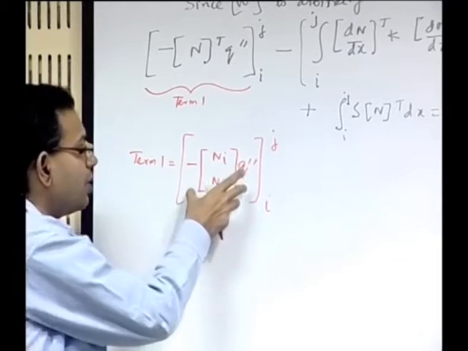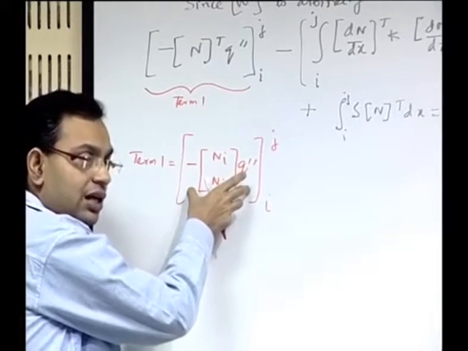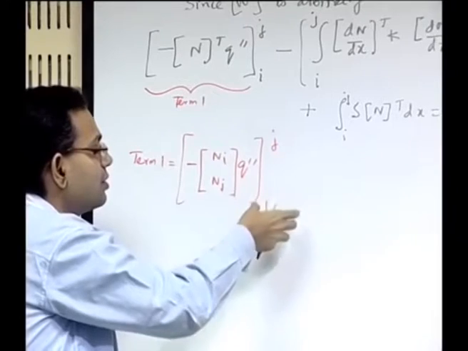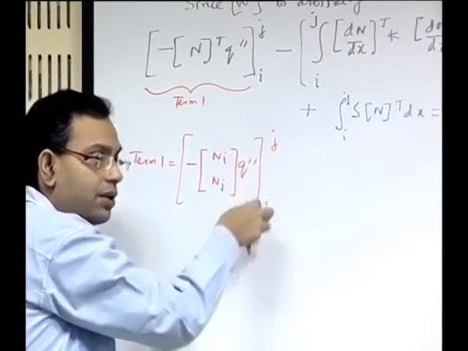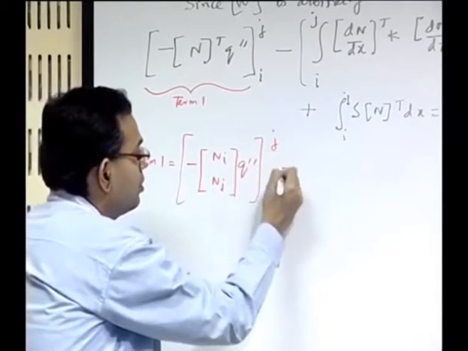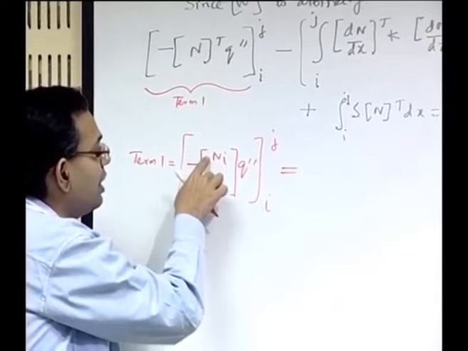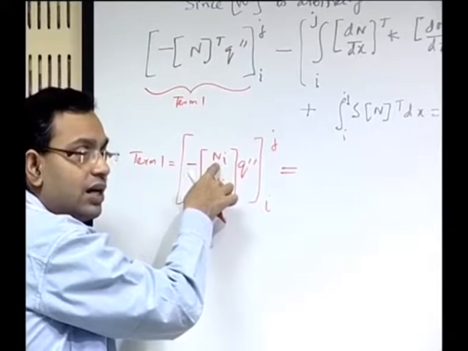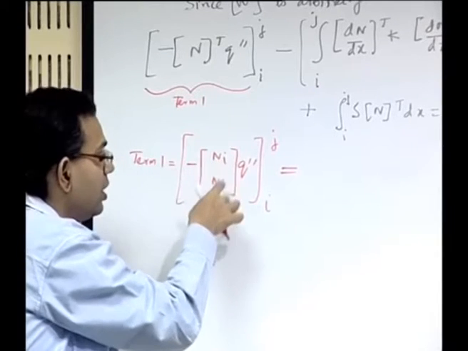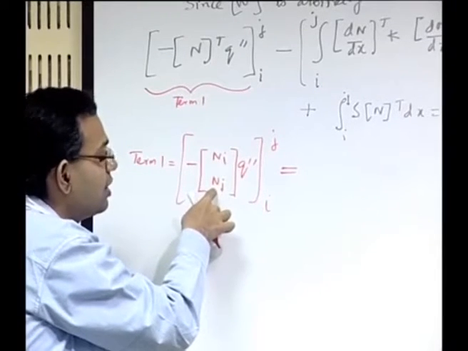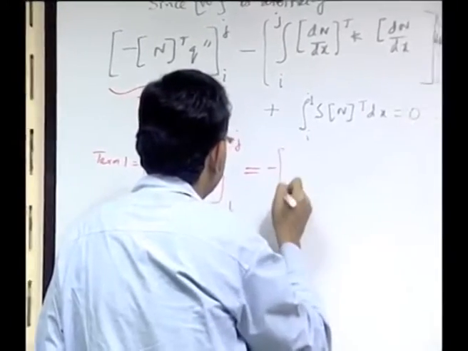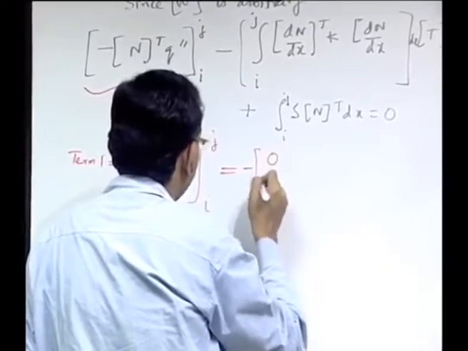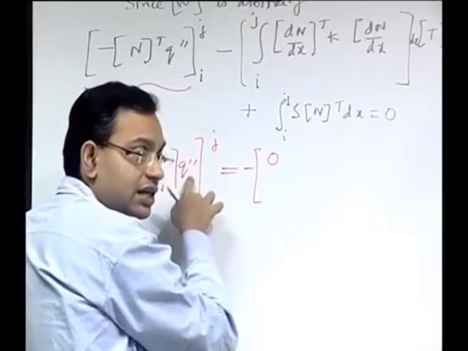So, first you evaluate this quantity at j, then subtract the same quantity at I. So, this is the upper limit minus the lower limit. So, what is the quantity at j? Ni equal to what at j? 0, and Nj is equal to 1 at j. So it will be minus 0, so 1 times the heat flux at j.